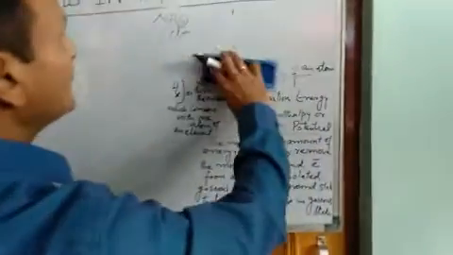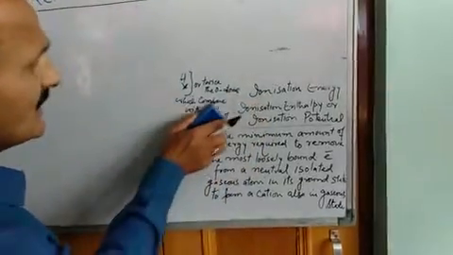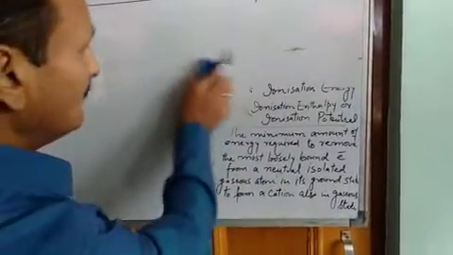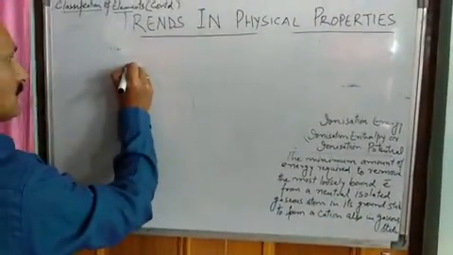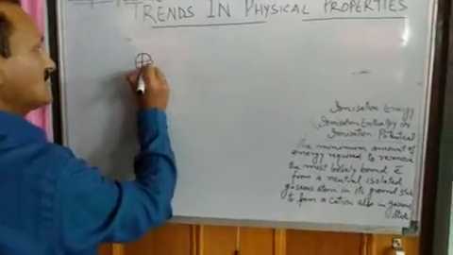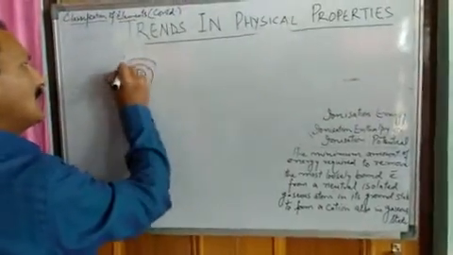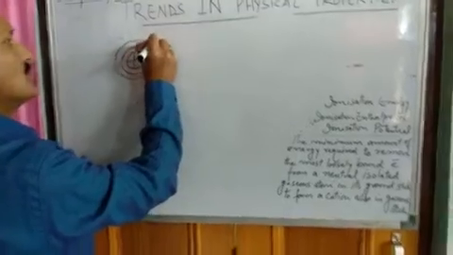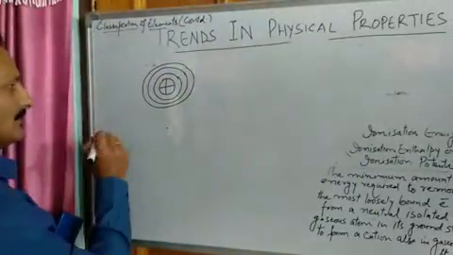Now moving to another physical property, that is ionization energy. What is ionization energy? I will show you by means of a diagram. This is an atom, this is the nucleus of the atom. Suppose this atom has 3 shells. Suppose this is a sodium atom.